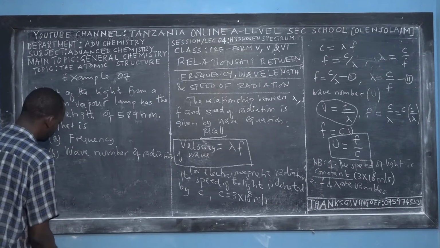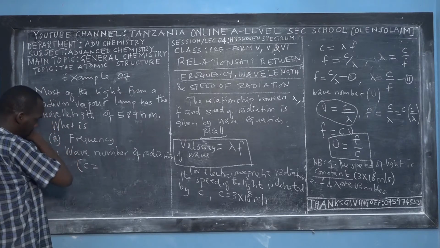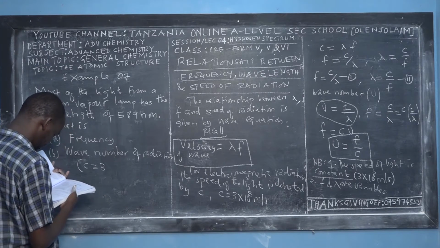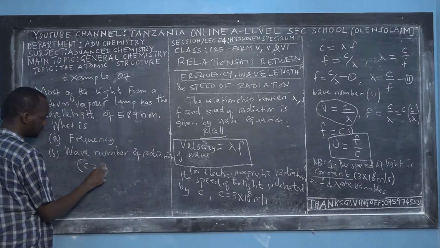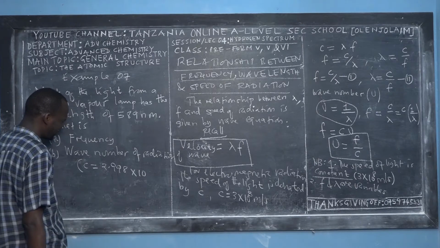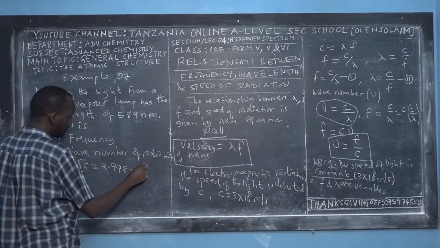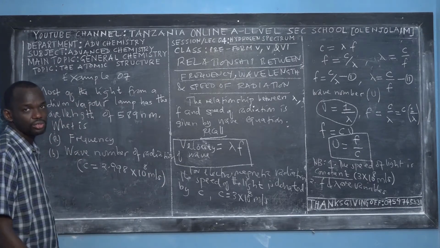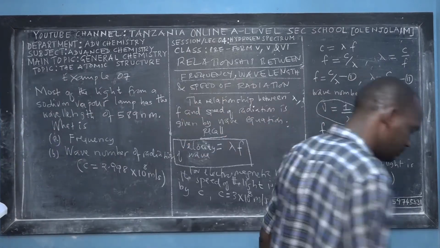The speed of light is given as 2.998 times 10 to the 8 meters per second. So then you have that fantastic simple question.